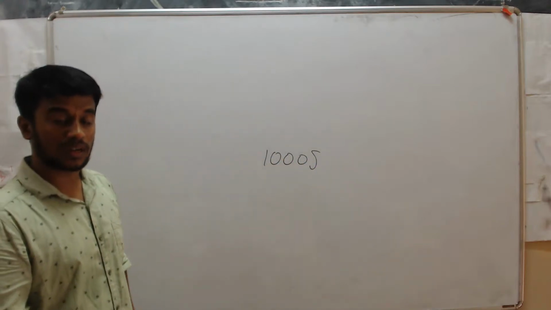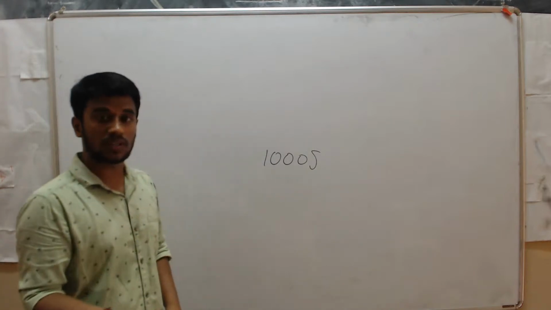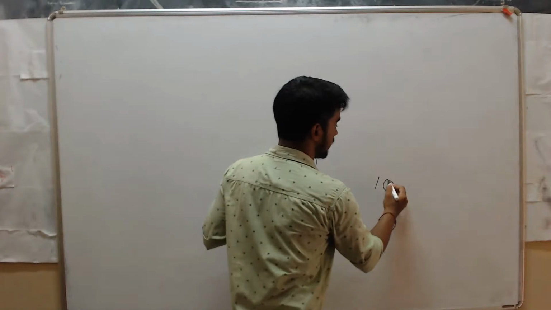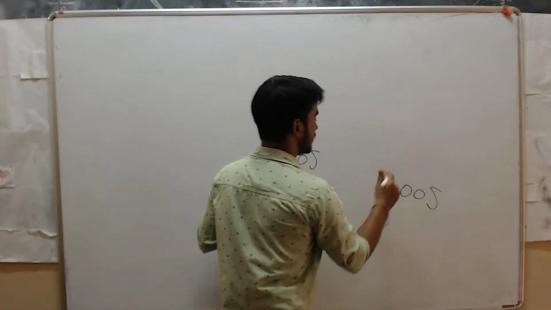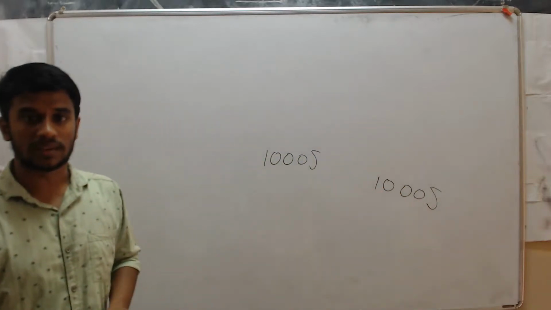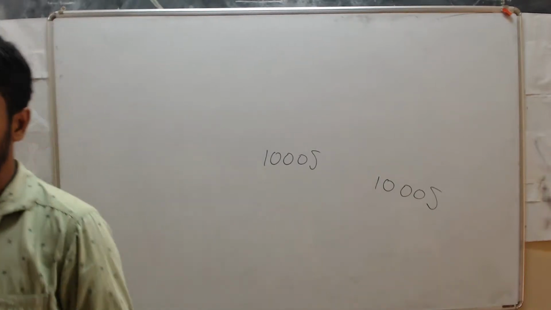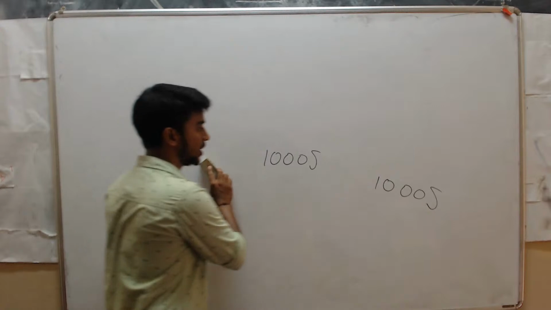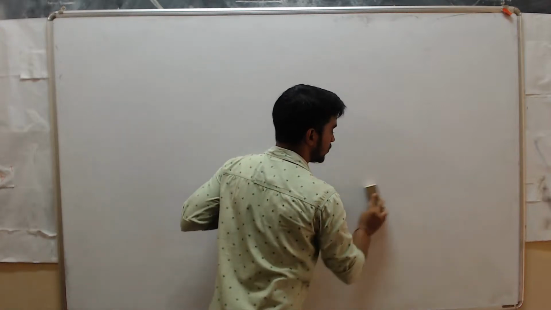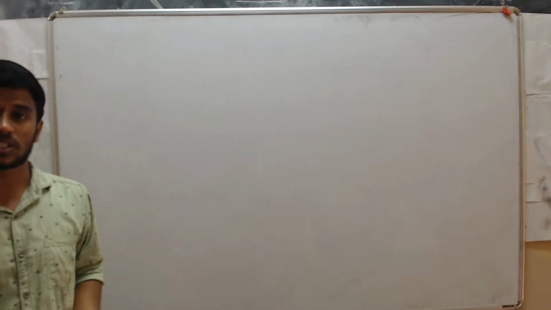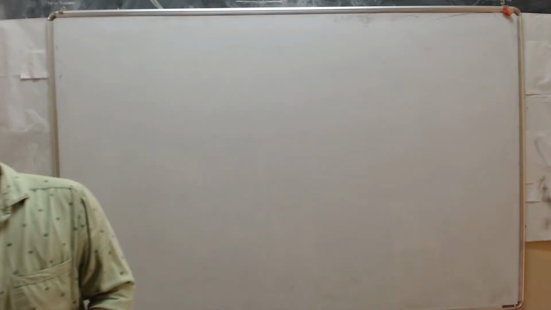After conversion the energy may be in another form, but the amount of energy remains 1000 joule only. So the law of conservation says that energy can neither be created nor destroyed, but we can transform one form to another form, and before conversion and after conversion, energy remains the same.